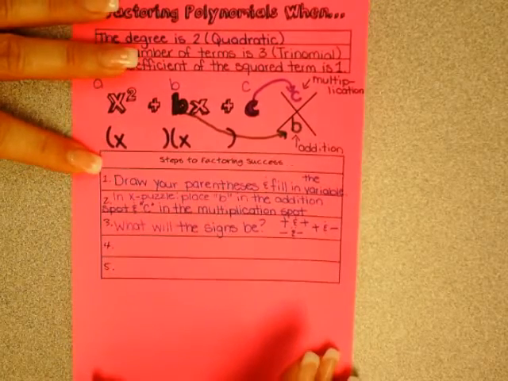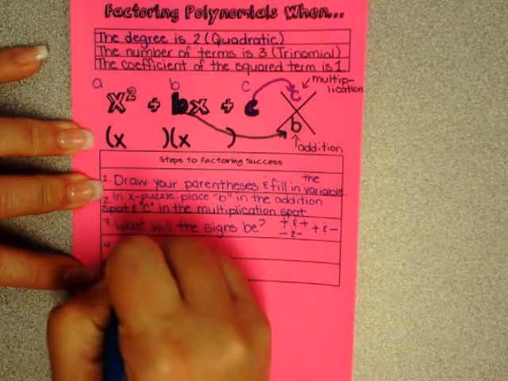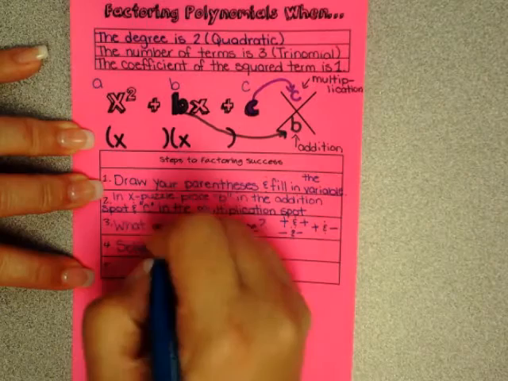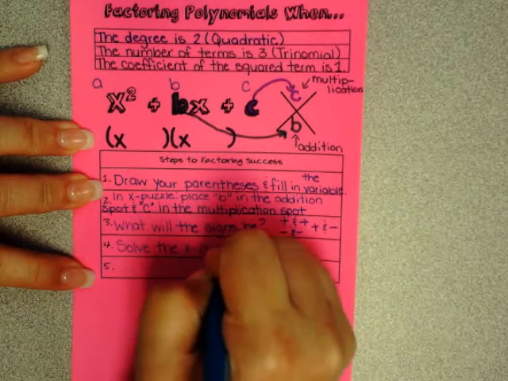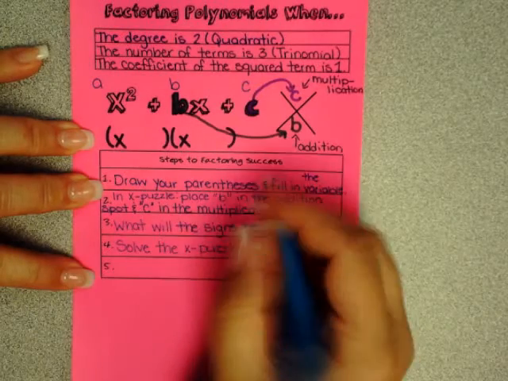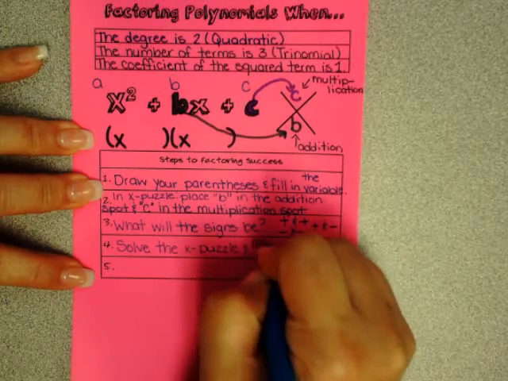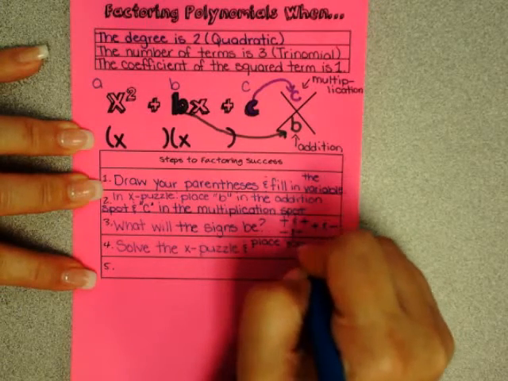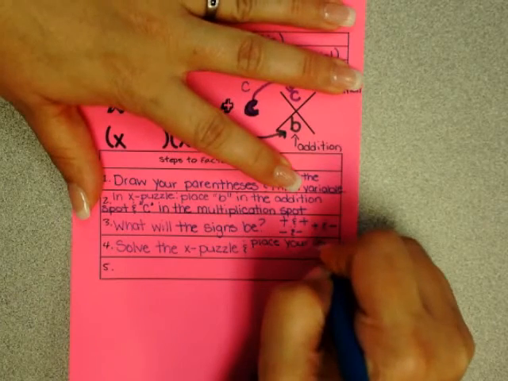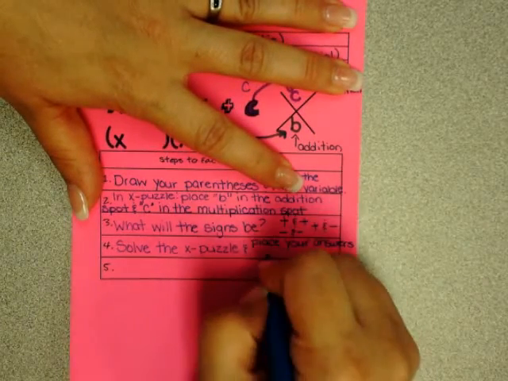All right. Step number 4, solve the X puzzle and place your answers in the parentheses.